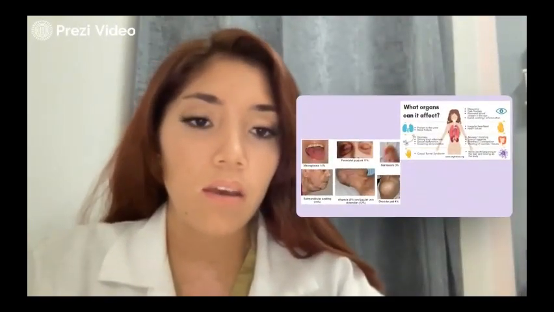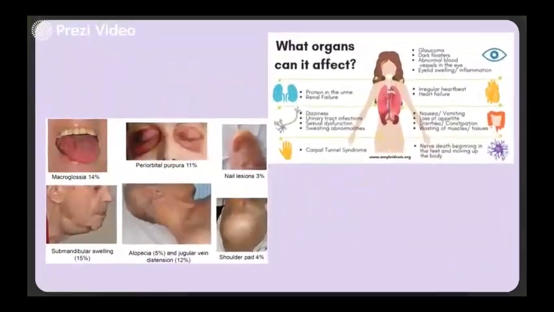Now we have another slide that can demonstrate the damage of the amyloidosis. What organs can it affect?